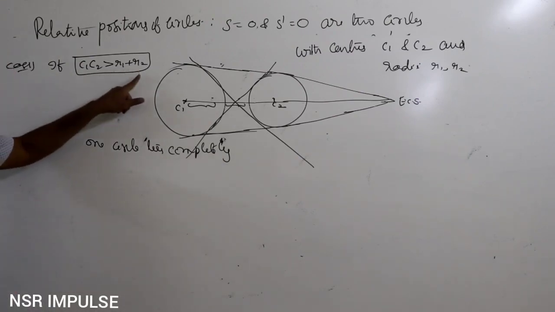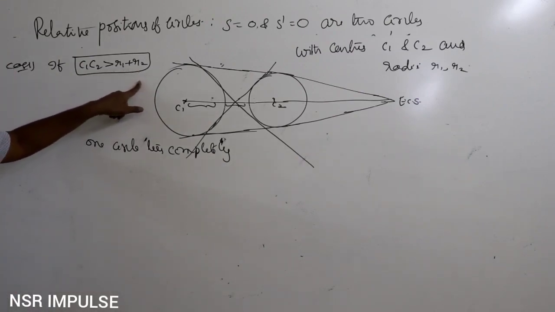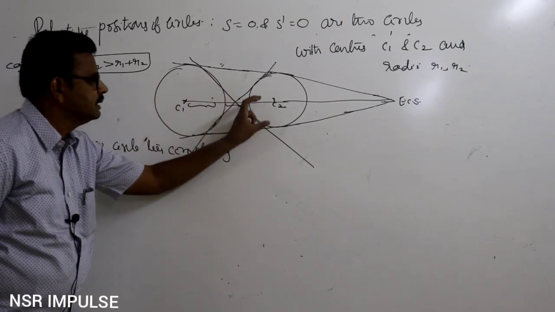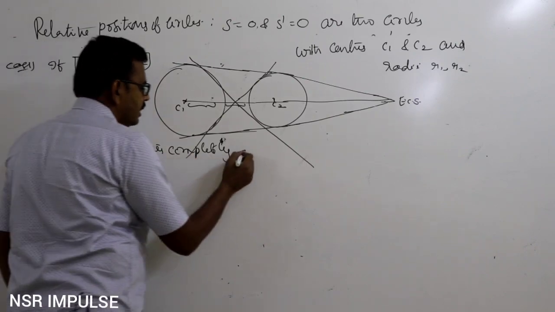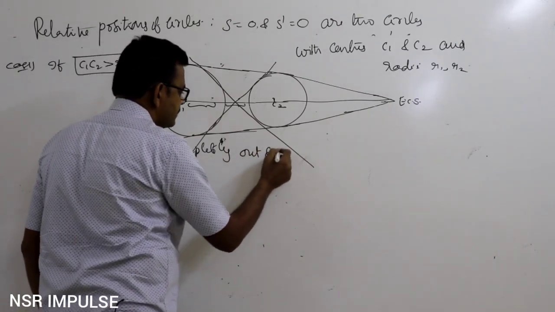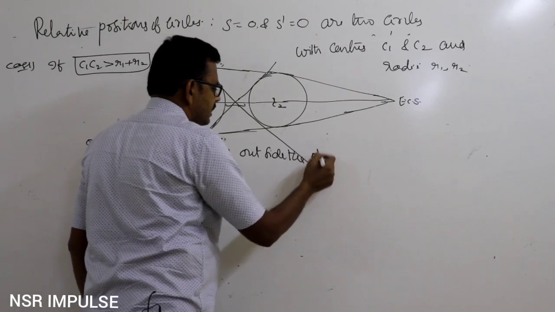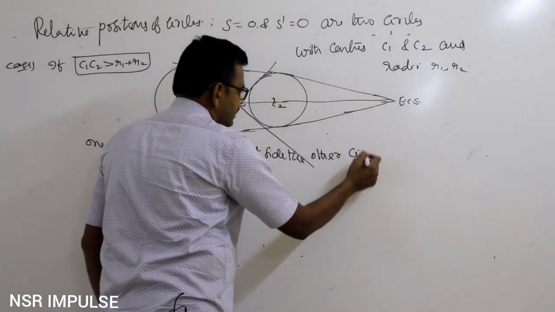C1C2 is greater than R1 plus R2. The two circles do not touch and do not intersect. That is, one circle lies completely outside the other circle.